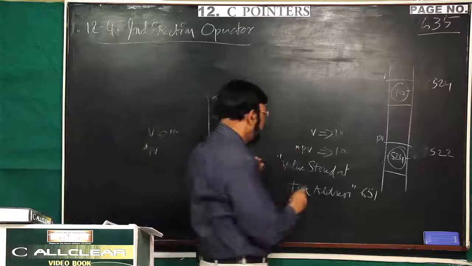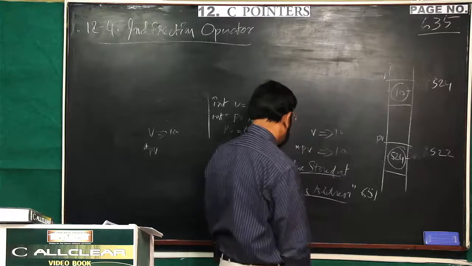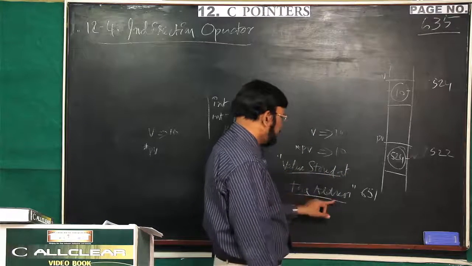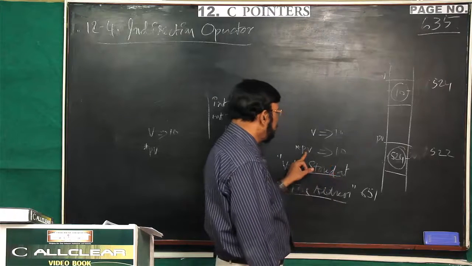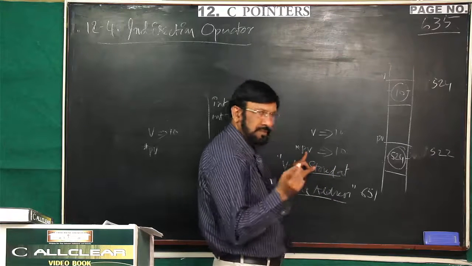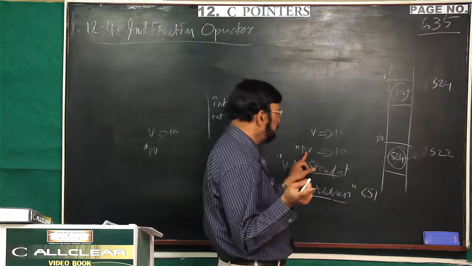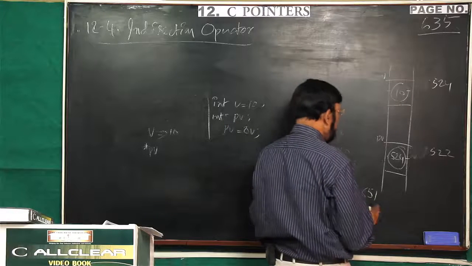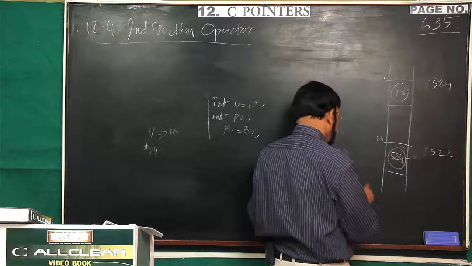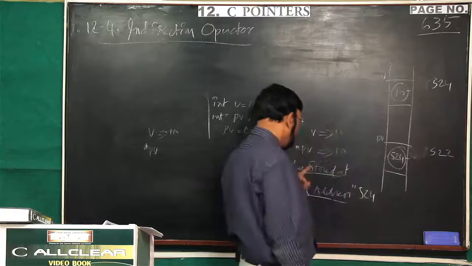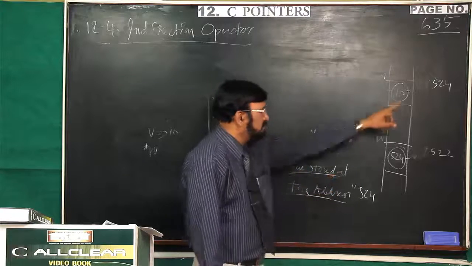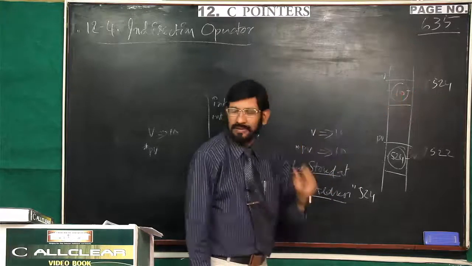Wherever star is there, you substitute this phrase, value stored at the address. And PV, what is the PV's value? PV's value is nothing but &V, that is 524. So value stored at the address 524 is 10.